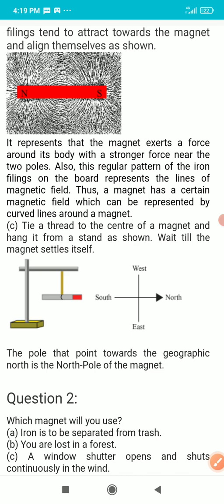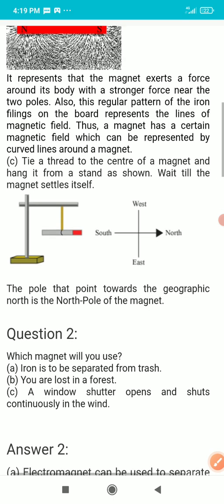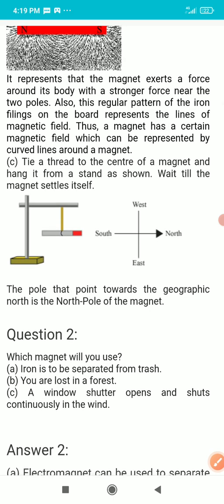Here is the diagram of the magnet and the directions are east, west, south and north. The pole that points towards the geographic north is the north pole of the magnet.